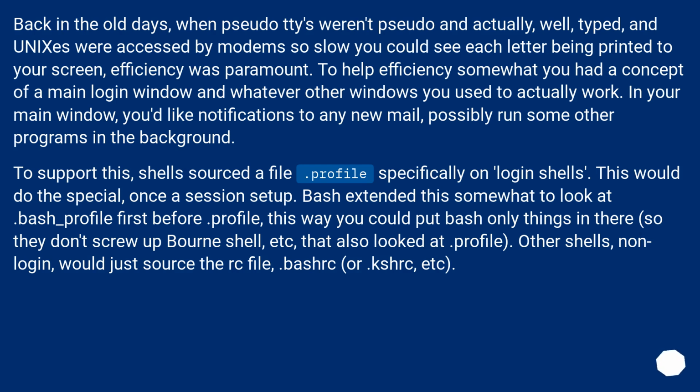This would do the special once-a-session setup. Bash extended this somewhat to look at .bash_profile first before .profile. This way you could put bash-only things in there, so they don't screw up the Bourne shell, etc., that also looked at .profile. Other shells, non-login, would just source the RC file, .bashrc, or .kshrc, etc.